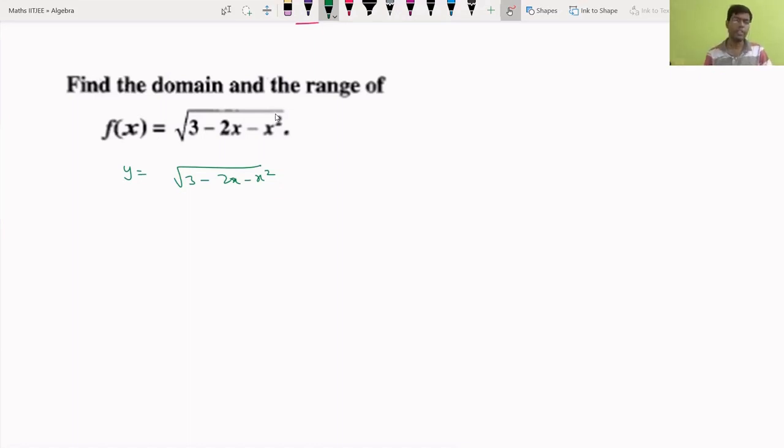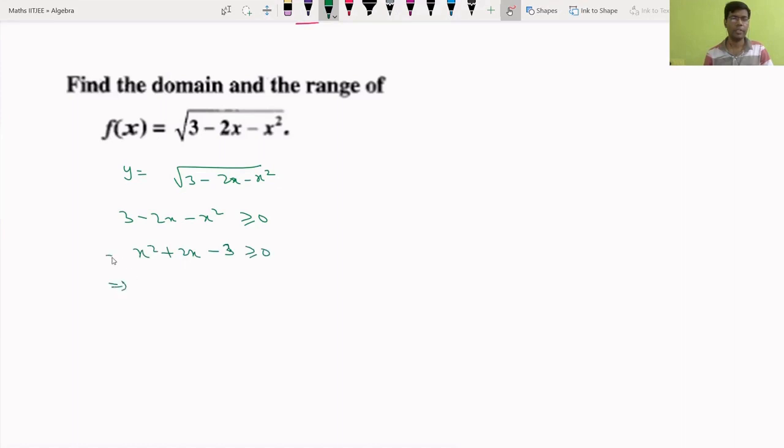So for domain, let's use that simple condition, that is 3 − 2x − x² should be greater than or equal to 0. If I multiply both sides by −1, I will get x² + 2x − 3 ≥ 0.